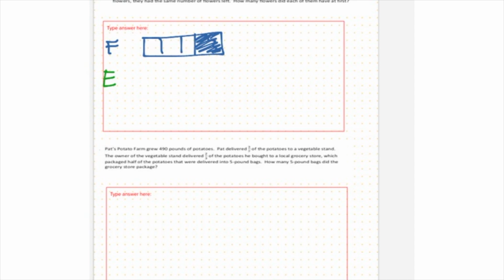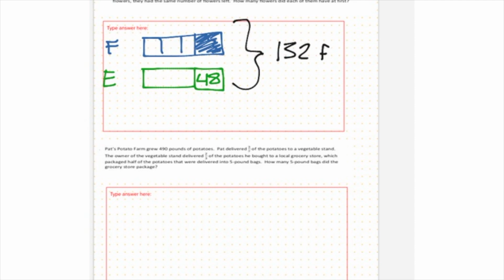So Ethel, why am I using that color? Ethel had some amount of flowers, that same amount there, and then sold 48 of them. Now, when I'm looking at this, I can tell that they are going to be the same because we know that originally they had 132 flowers, and we know that after Fred sold that 1/4, and after Ethel sold 48, it said they had the same number.